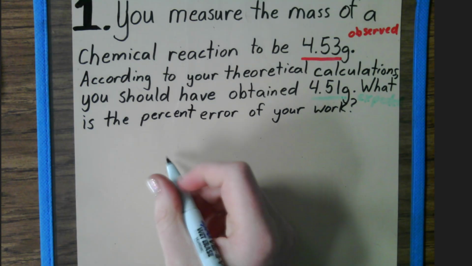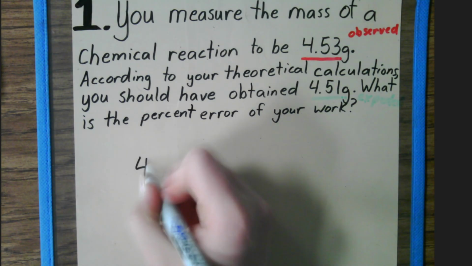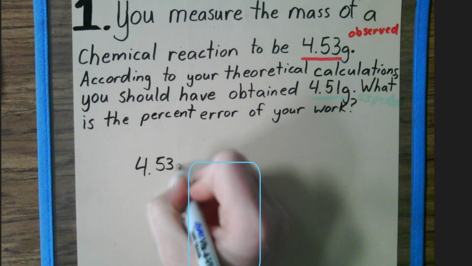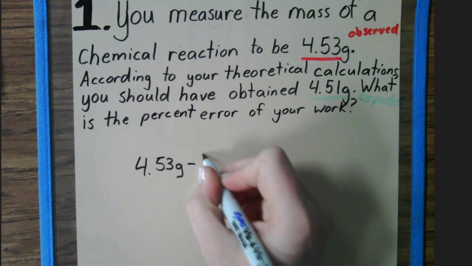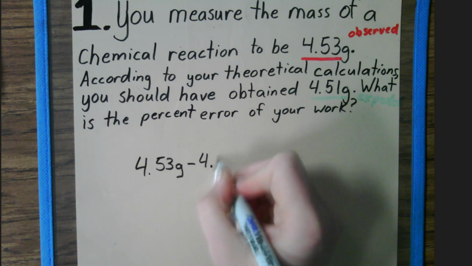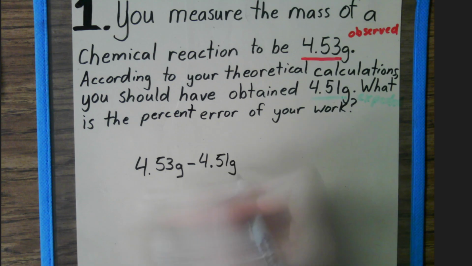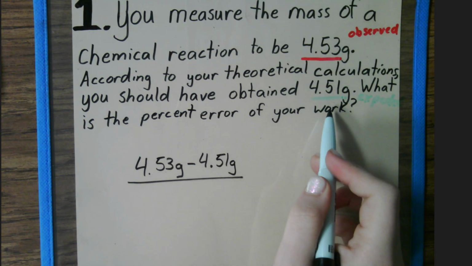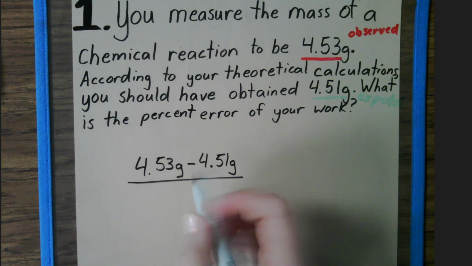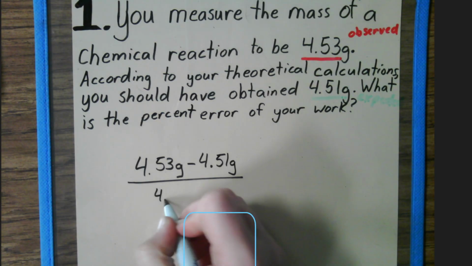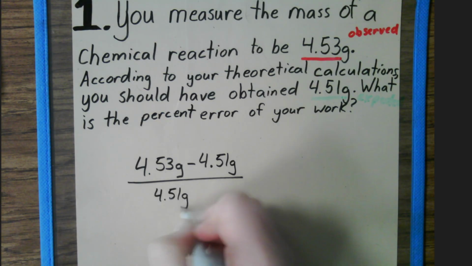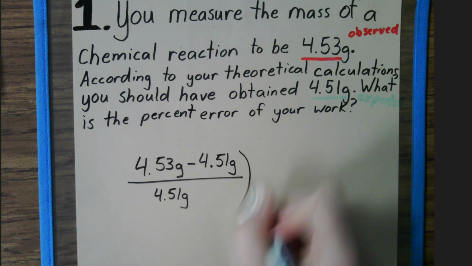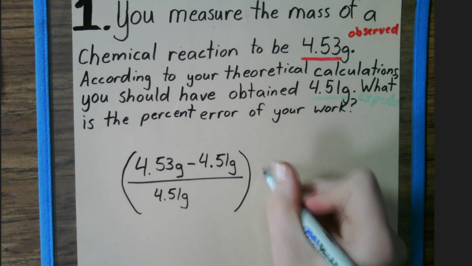So the value observed, which was 4.53 grams, minus our expected 4.51 grams, over our expected, which is 4.51 grams. And then we are going to multiply that by 100%.